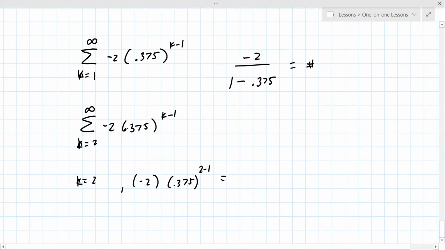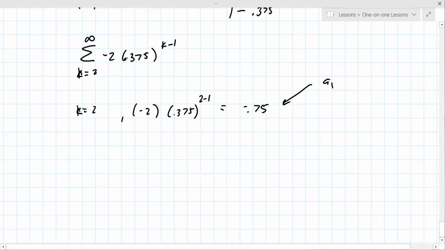So you actually have to get this number, and this is 3/8, so it ends up being negative 0.75. That's now your a1, because it starts at 2. So your sum here would be negative 0.75 over 1 minus 0.375, whatever that ends up being.